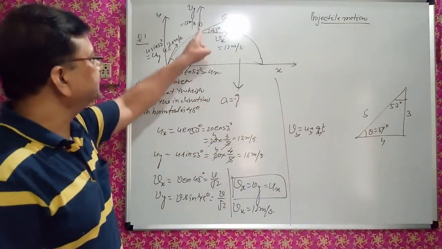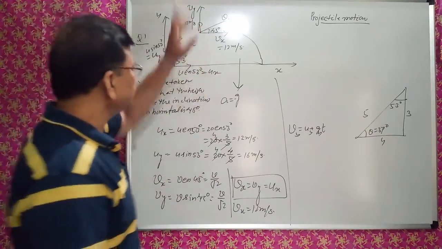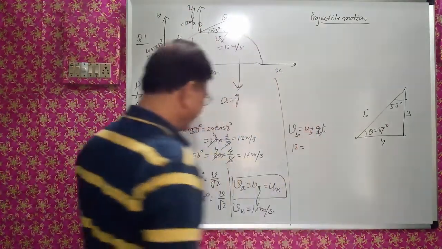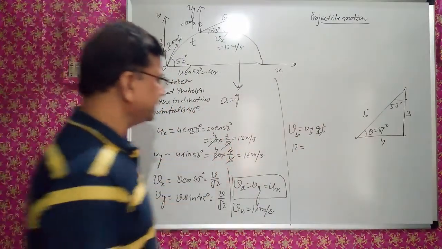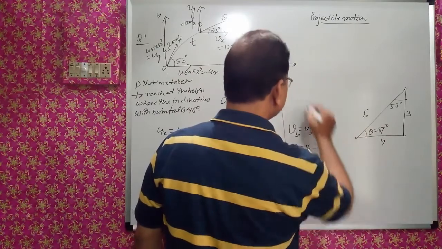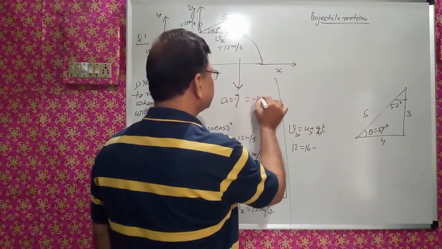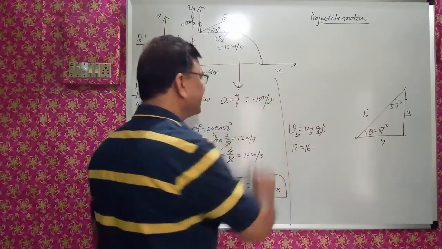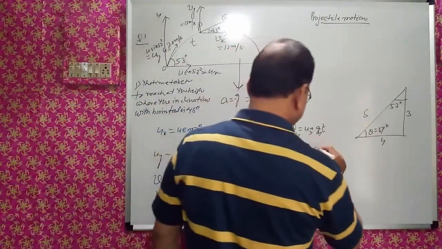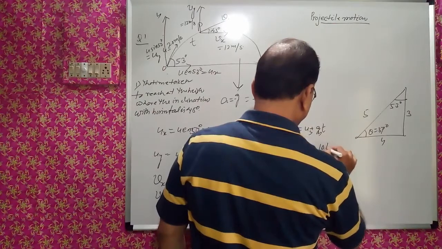So Vy here at P is equal to 12 and Uy is how much? That is 16 minus, and suppose g is equal to minus 10 meters per second square. We are taking g as 10. So its value we will put, that is 10t.